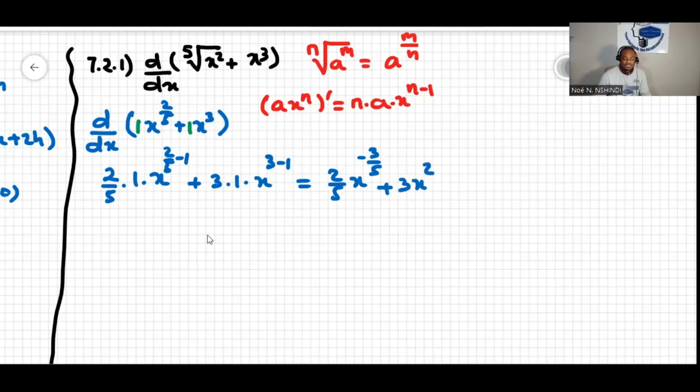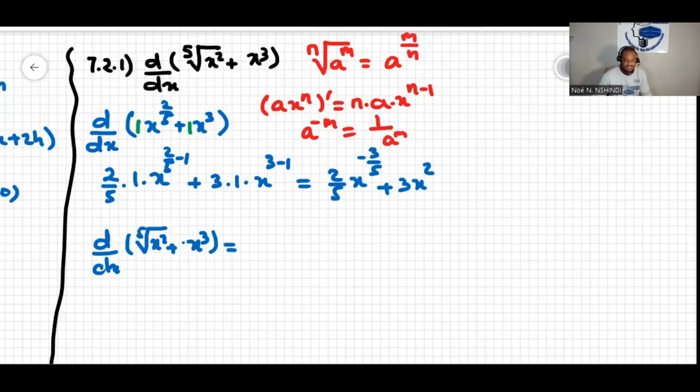Now, there is another law of exponents that says that a to the negative m is the same as 1 over a to the m. So I prefer to write this with a positive exponent. Basically, we have d/dx of the fifth root of x squared plus x to the power of 3.